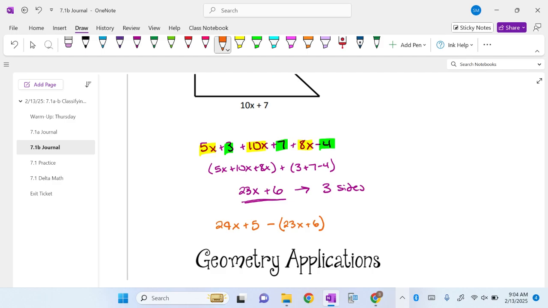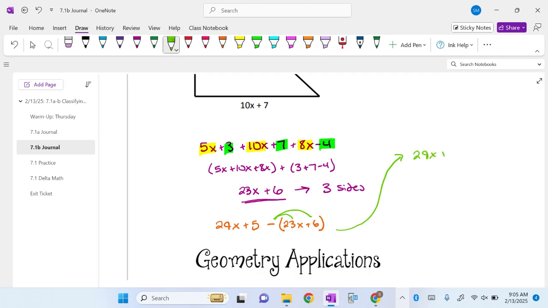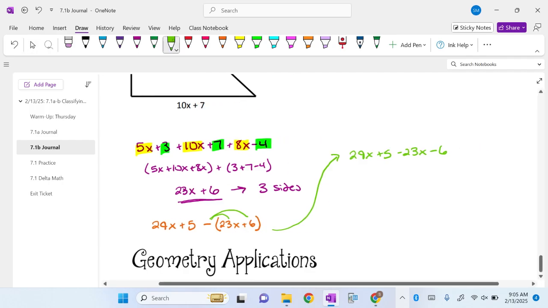If you ever have to set up your own subtraction problem, just make sure the second expression that you're subtracting is in parentheses, so you remember to distribute that negative. So we get 29x plus 5 minus 23x minus 6.